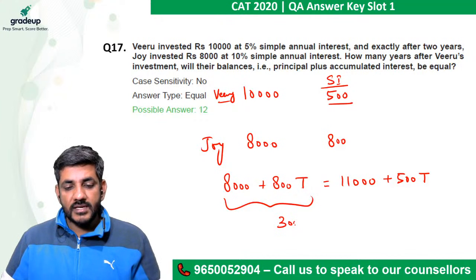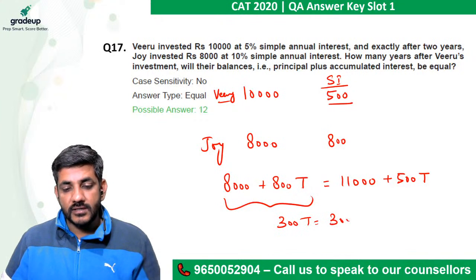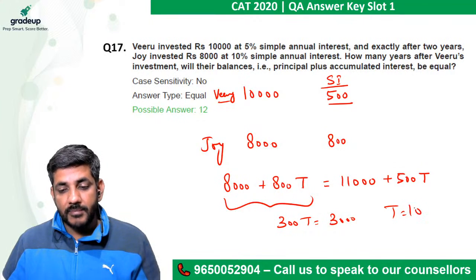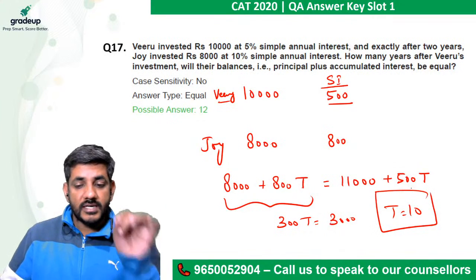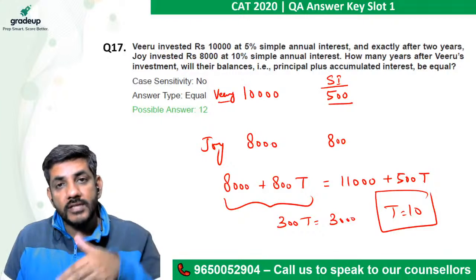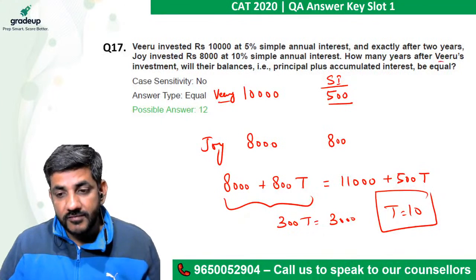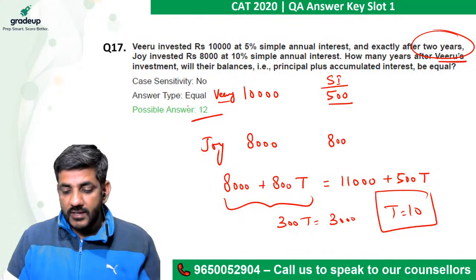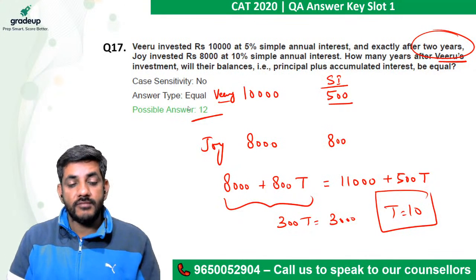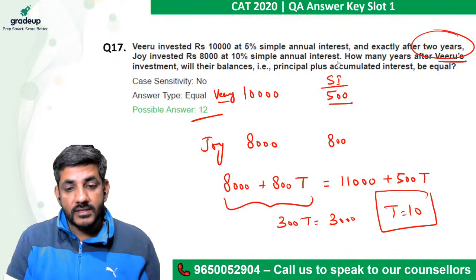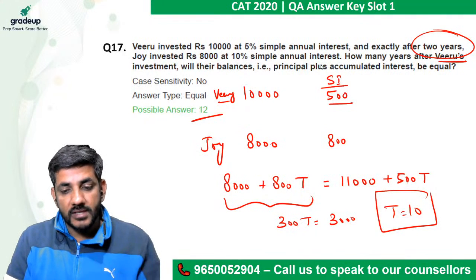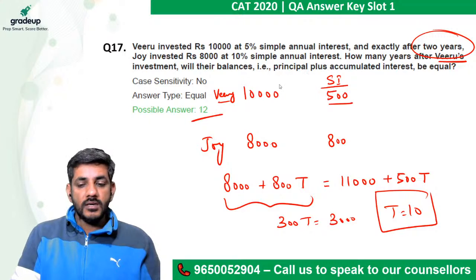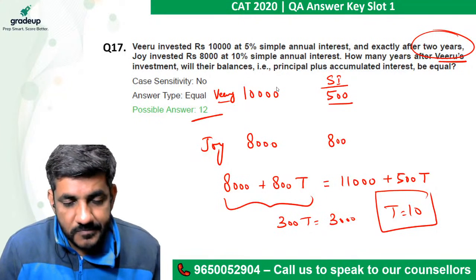So this gives me 300t as 3000, so t as 10, and many people answered 10 here. So t is the time after Joy's investment. Question is talking about after viz-a-viz investment. So these 2 years will also be included in it, and hence your answer would be 12 years. So after 12 years, their investments, that is principal plus interest, will be equal and they will become same.